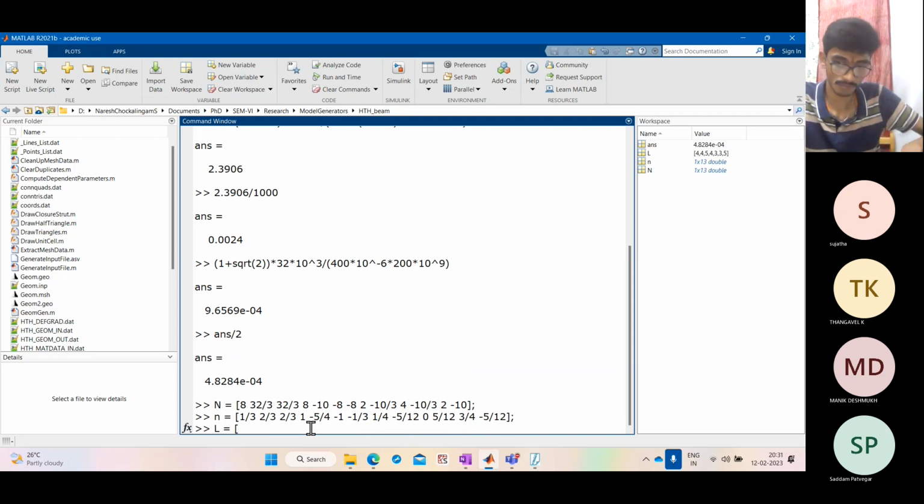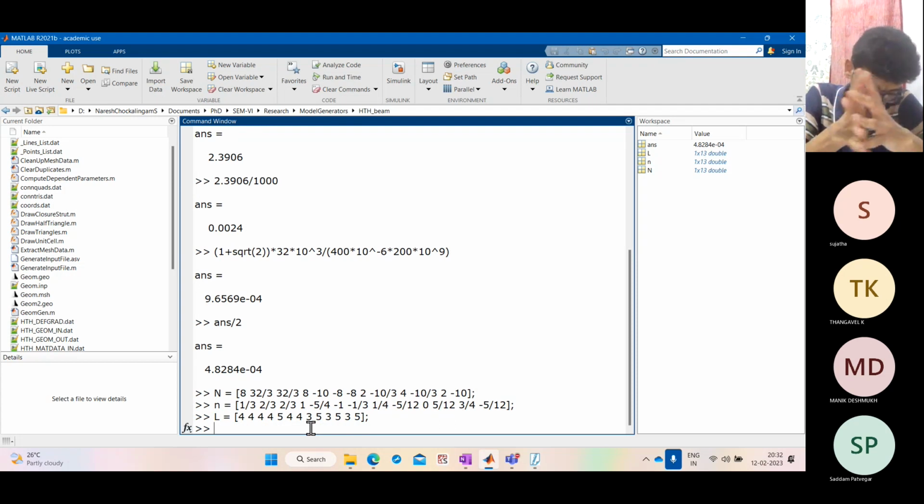Lengths are 4, 4, 4, 5, 4, 4, 3, 5, 3, 5, 3, 5.